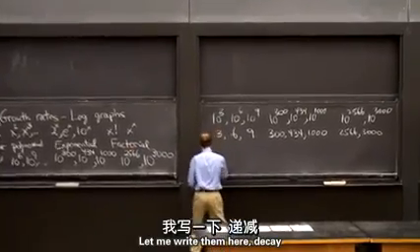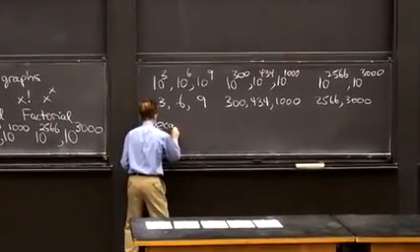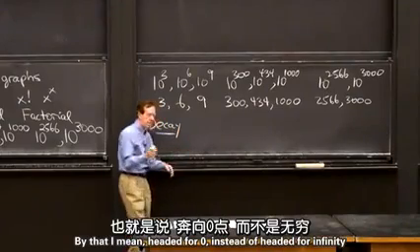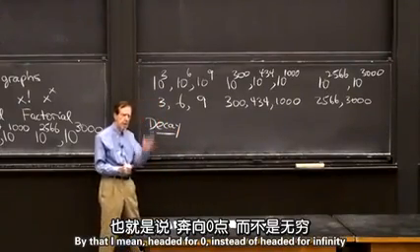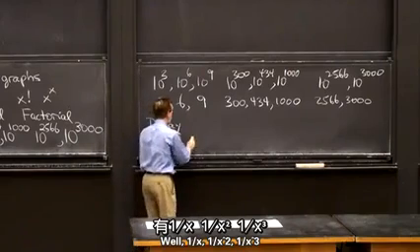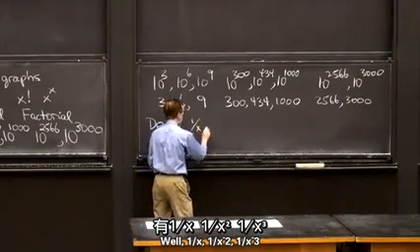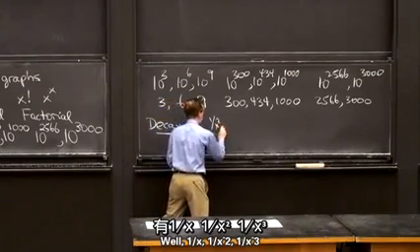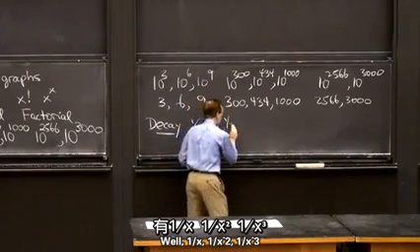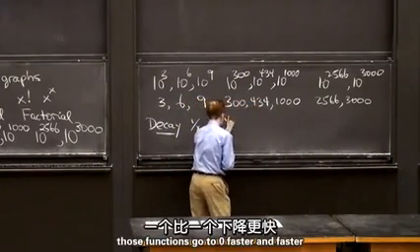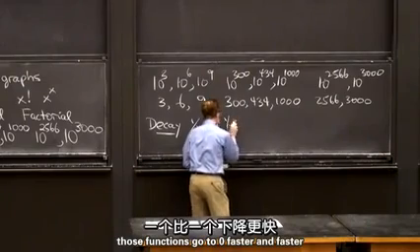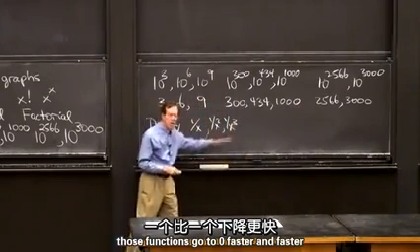Let me write them here. Decay. By that I mean headed for 0 instead of headed for infinity. Well, 1 over x, 1 over x squared, 1 over x cubed. Those functions go to 0 faster and faster.